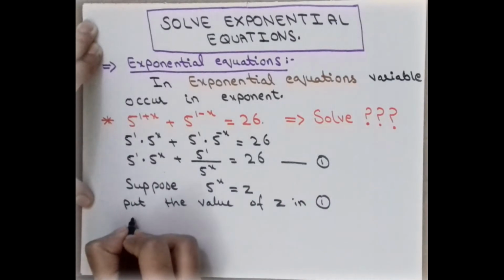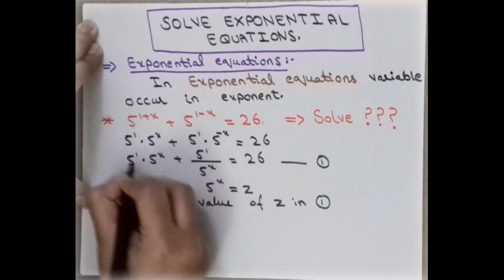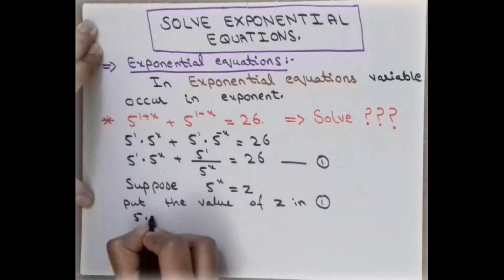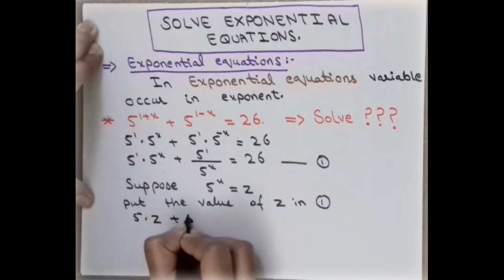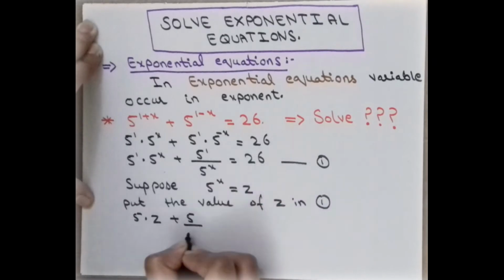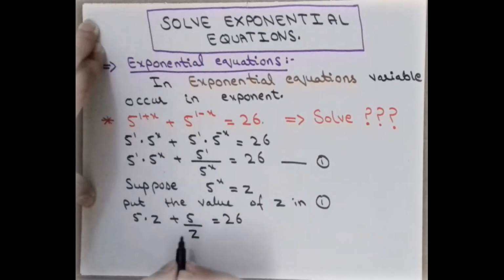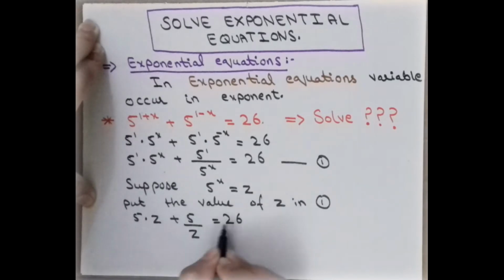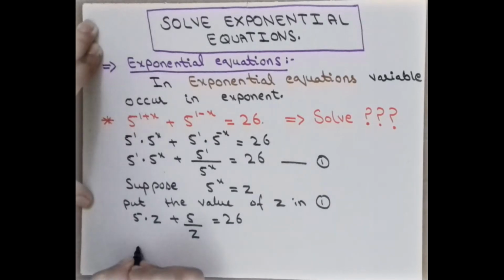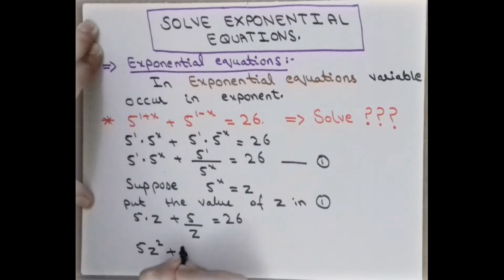So we have 5 times 5 to the power x, which we call z, plus 5 divided by z, which equals 26. Now we multiply z on both sides. So we have 5z square plus 5, which equals 26z.